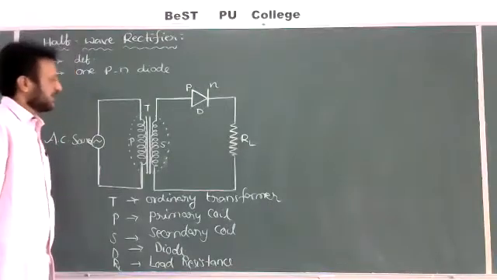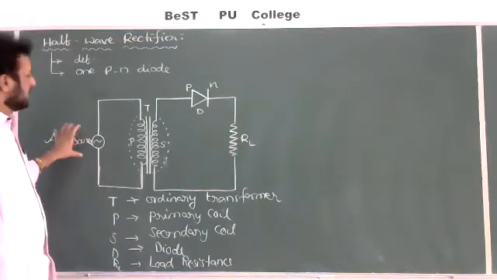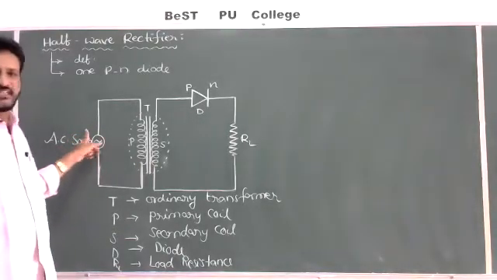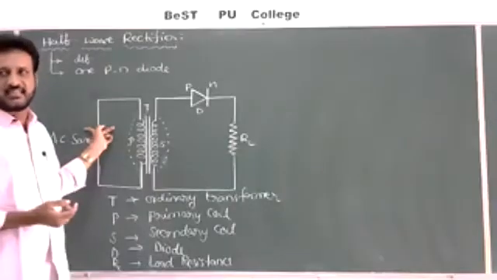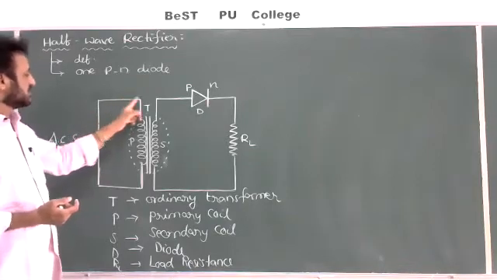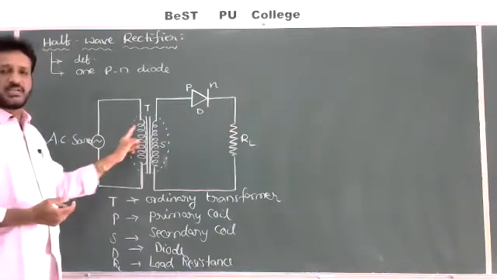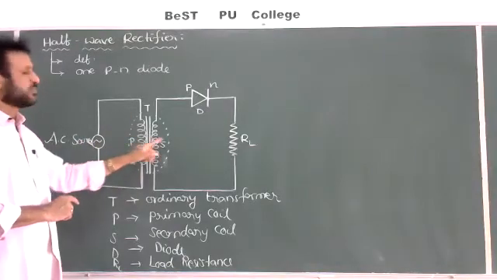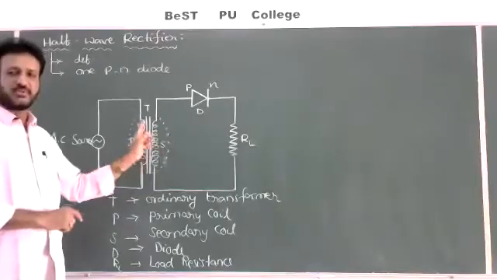Check here. What are the main apparatus in the circuit? We should select one AC source. What is the function of the AC source here? It can give the alternating current. So this AC source is connected to the primary coil of an ordinary transformer. A transformer contains two coils, one is the primary coil, one is the secondary coil.